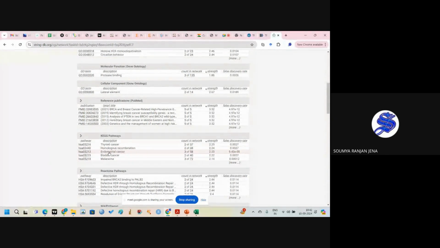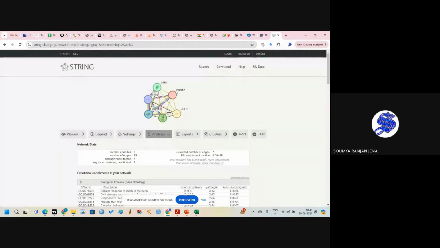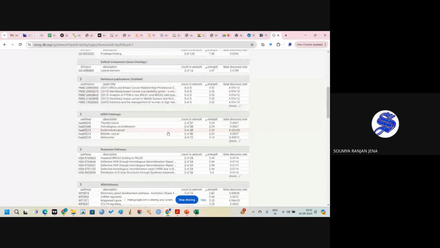And these are the major genes: BRCA1, TP53, PTEN, CDH1, BRCA2, and STK11. If you mutate these genes, it will cause cancers like thyroid cancer, endometrial cancer, bladder cancer, or melanoma.